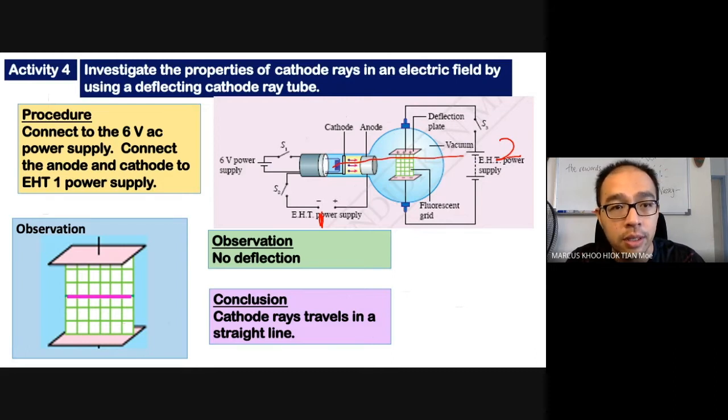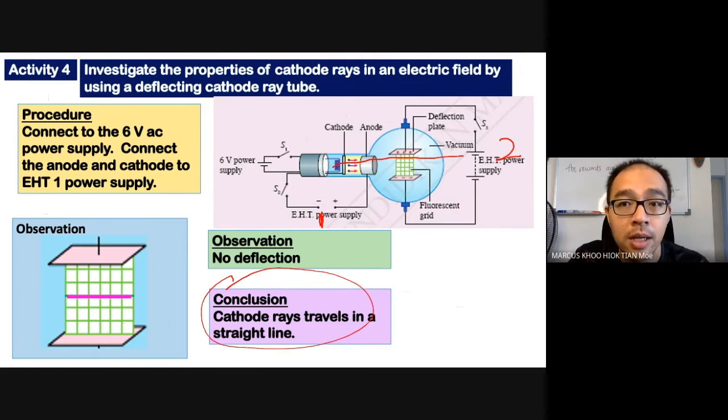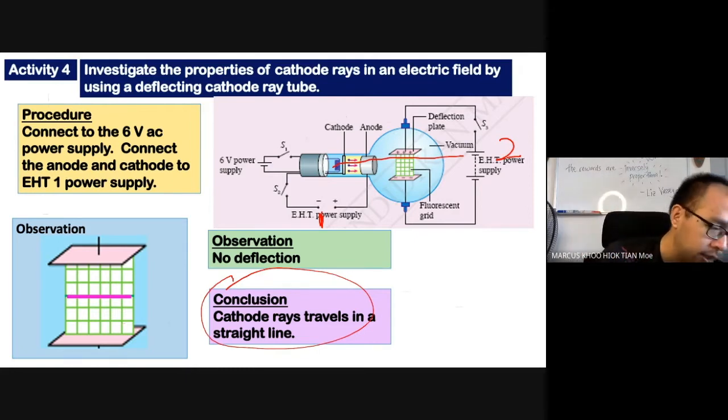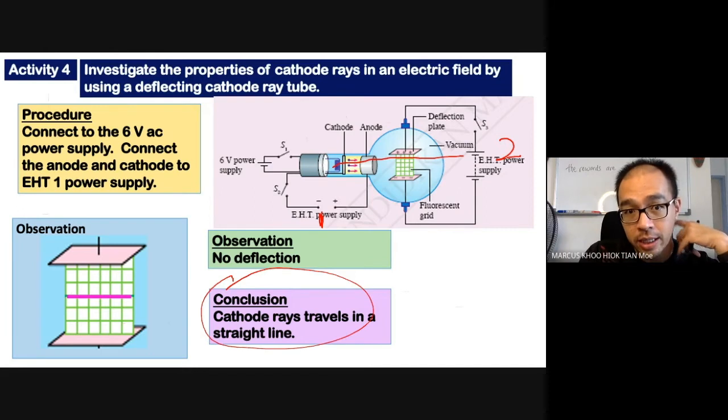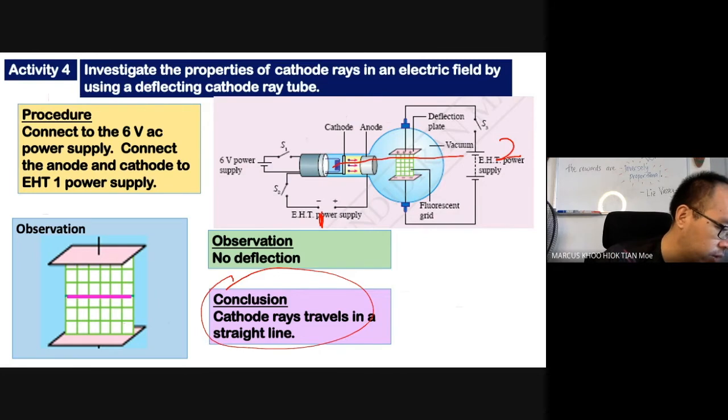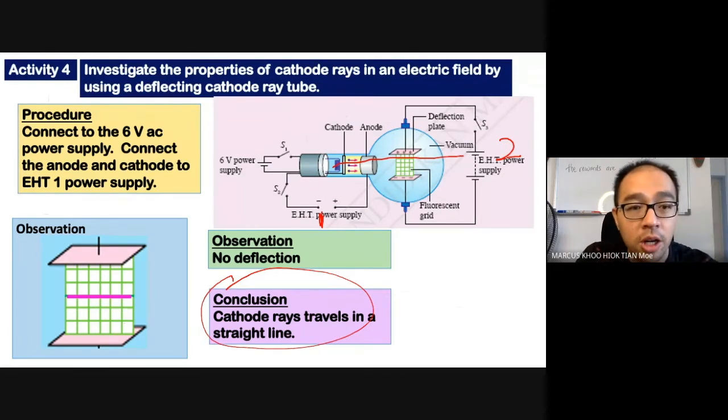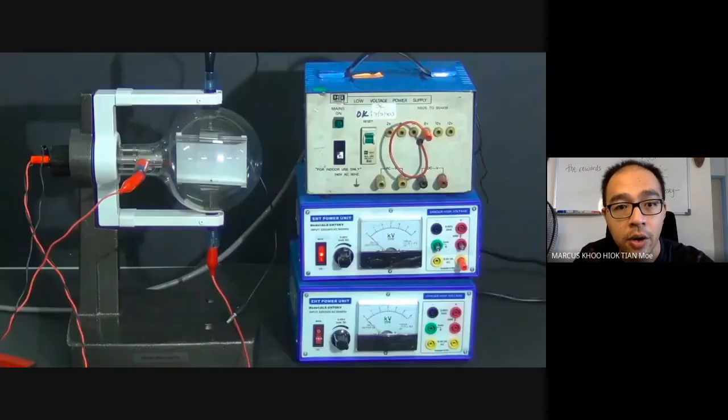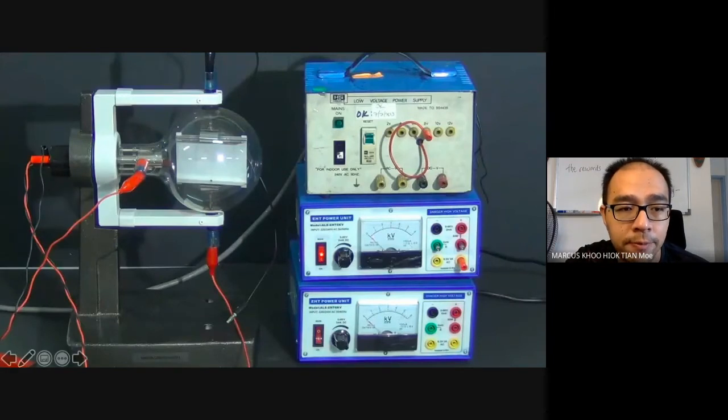So this is proven since the beginning, travels in a straight line. This is the observation in your table: totally no deflection. All you're going to see is just the cathode ray going in a straight line. Let me see if this helps you to understand what's happening.